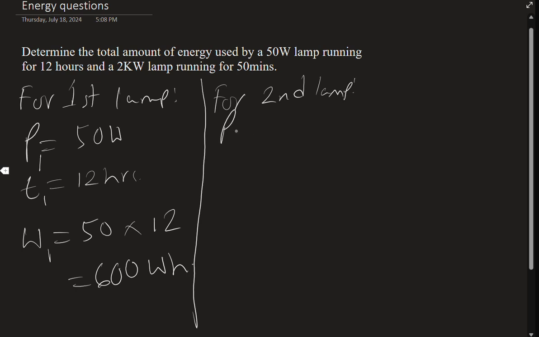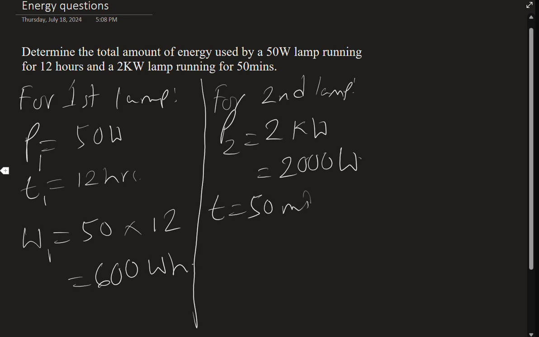For the second lamp, we have P2 equal to 2 kilowatts, and that means 2000 watts, and the time is 50 minutes, which means 50 divided by 60. We have 0.833 hours. So the energy consumed or work done is W equal to P2 T2.